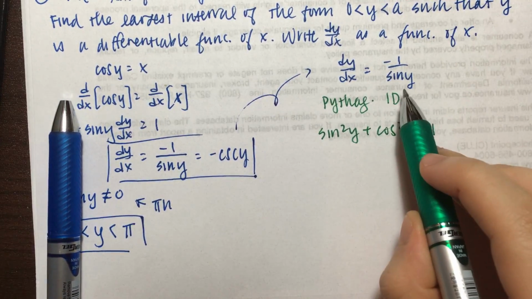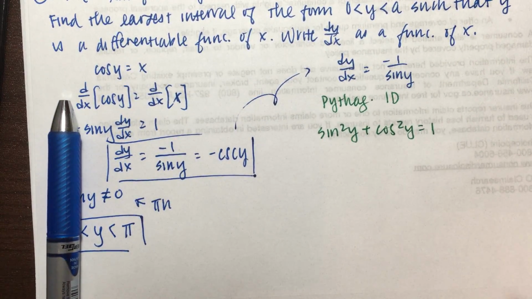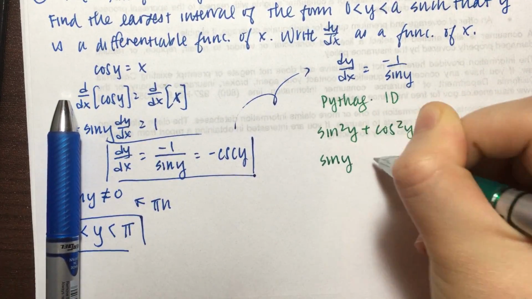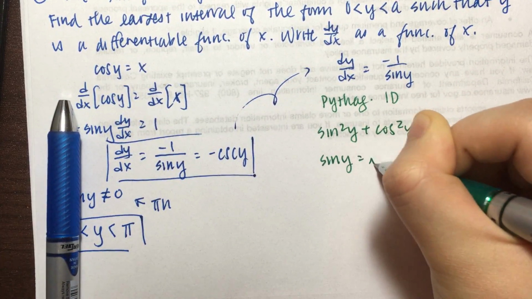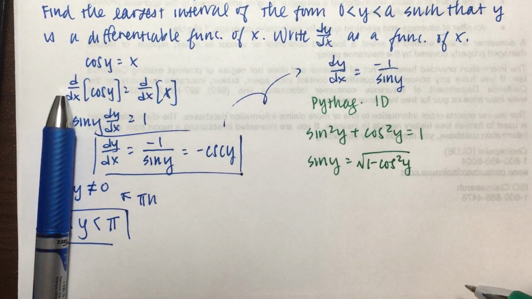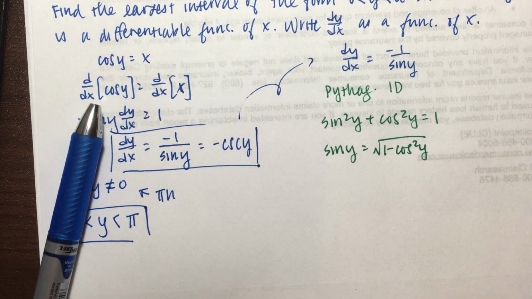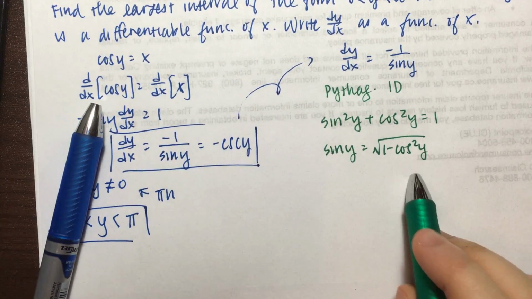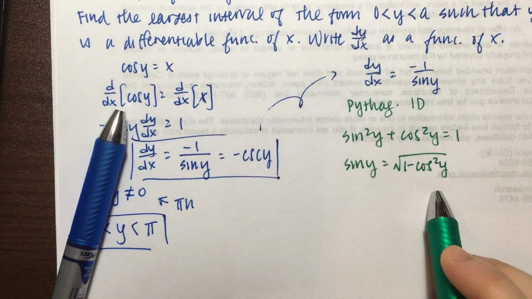And so we want to find sine y, right? We could rewrite that as sine y equals the square root of 1 minus cosine squared y. And that's still a y, and we don't want that.